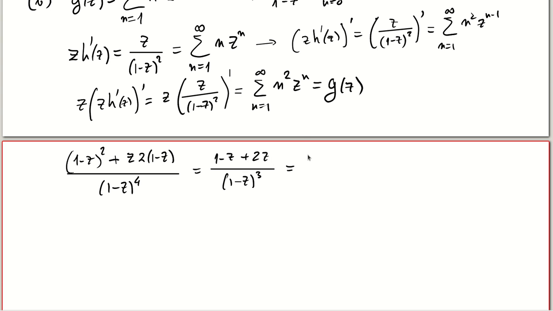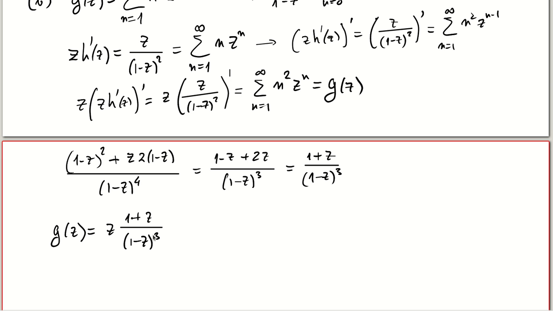The subtraction of these two terms gives (1 + z) over (1 − z)^3. This is the derivative. If we multiply by z, we obtain g. So g is equal to z(1 + z) divided by (1 − z)^3.